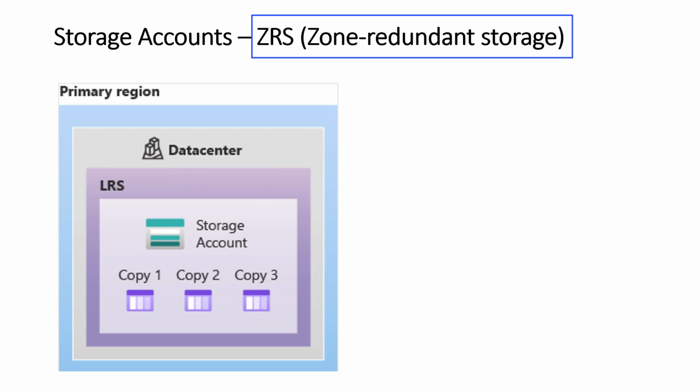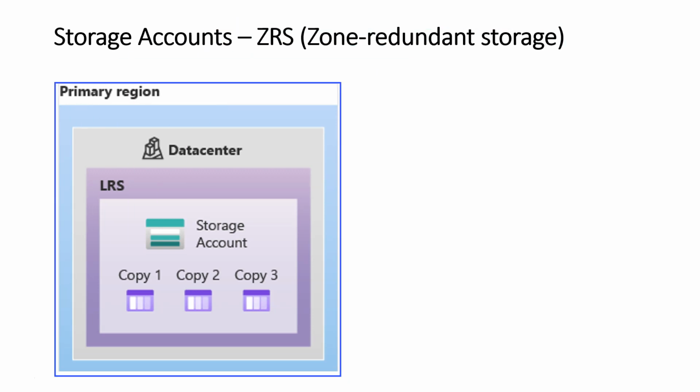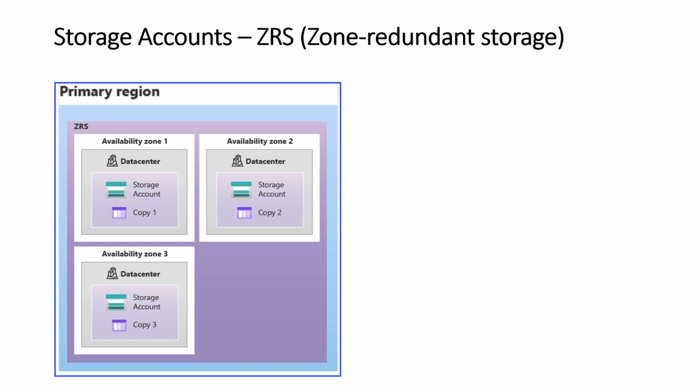So let's talk about the next one, which is zone redundant storage. In zone redundant storage, we will still be in the primary region, but the replication, instead of being in a single data center, will be done in different availability zones and different data centers like this. We are still talking about 3 copies of data, but instead of keeping them in the same single data center, we have 3 different data centers in 3 availability zones.